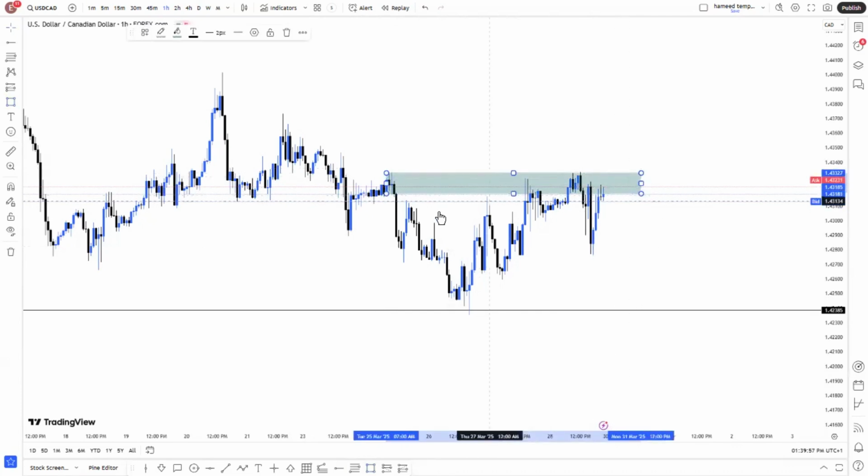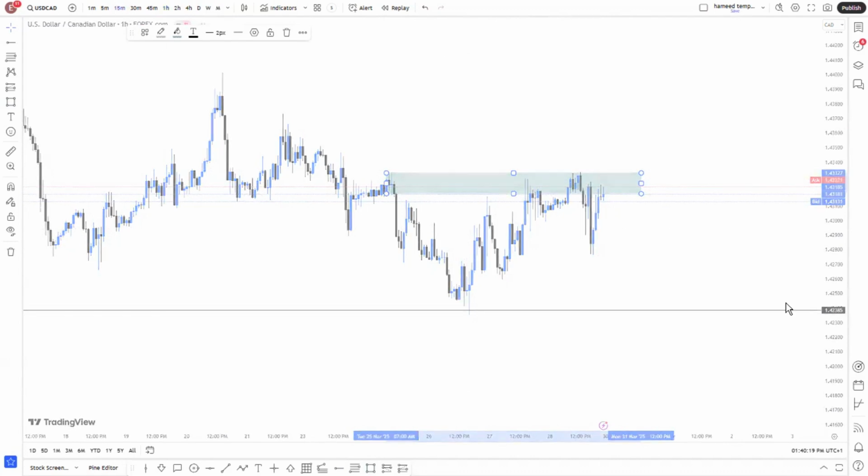If you notice, the market already came to the imbalance, filled the imbalance and started moving, before it came back again here to tap into it, then came back and tapped into it again. That gives us an M pattern here for moving to the downside. So let's go to our entry time frame, 15 minutes, to see what is happening there clearly.